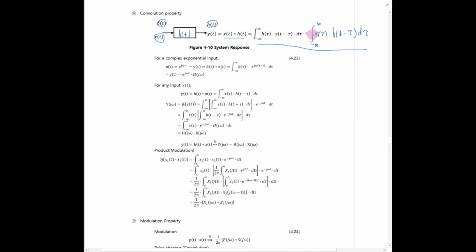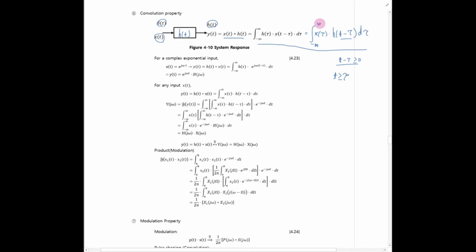What if the system is causal? In that case, the impulse response exists only when t minus τ is positive. If this is negative, then there is no response. So to satisfy this condition, τ should be less than t to have a non-zero response.